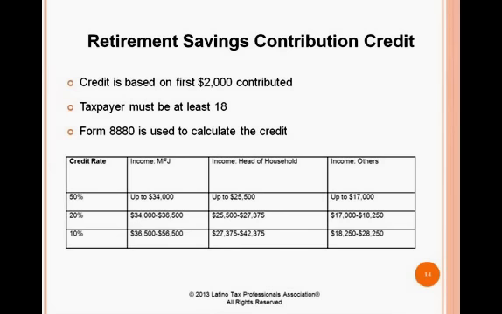It's a small amount of credit. The maximum usually I've seen is about $200, but it's an incentive to put money in a retirement account even when your income is low, especially when your income is low. So its credit is based on the first $2,000 contributed. Taxpayer must be at least 18 years old, and Form 8880 is used to calculate the credit.